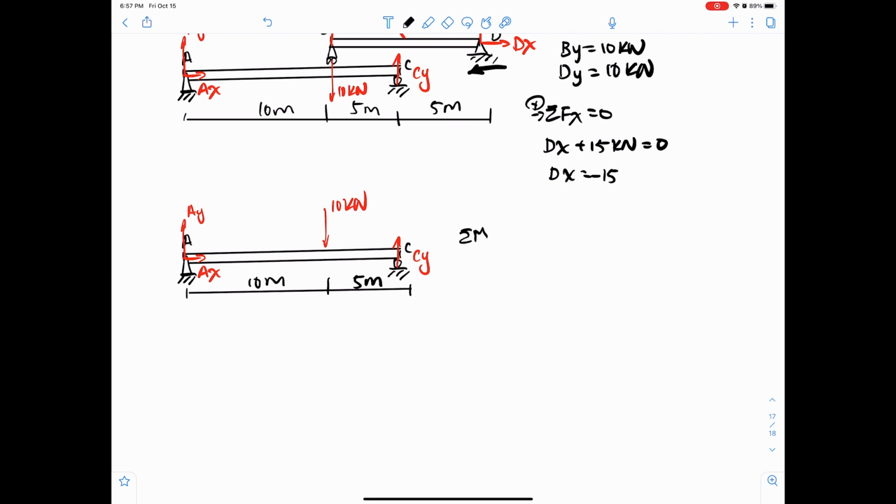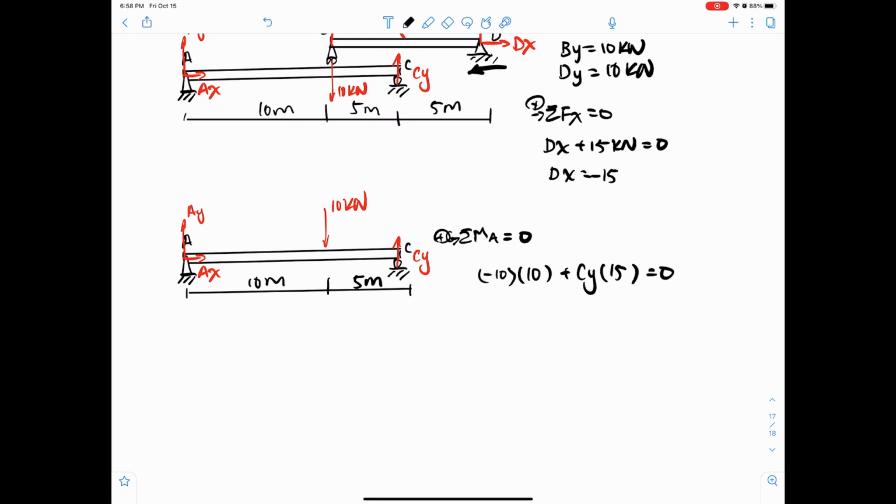We can just do sum of moments around point A, counterclockwise positive, and set that equal to 0. This 10 kilonewtons is pushing it clockwise, so we would have negative 10 times the distance to A, which is 10 meters, plus Cy, because it wants to spin it counterclockwise, times 15, the distance from A, equals 0.